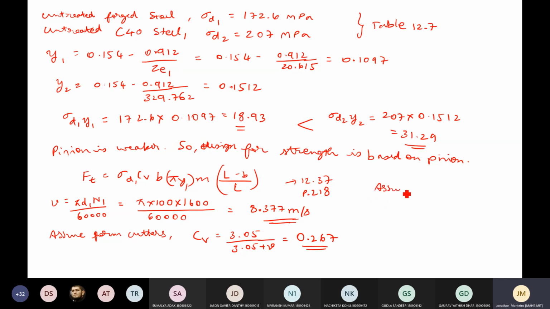So assuming b is equal to L by 3, L minus b by L will simply be equal to 2 by 3. What about the value of b itself? B should be written in terms of other quantities, right?